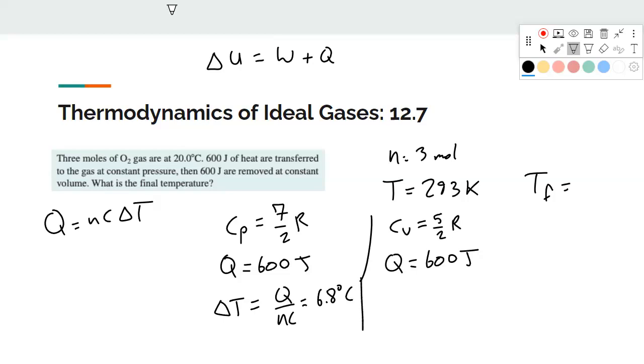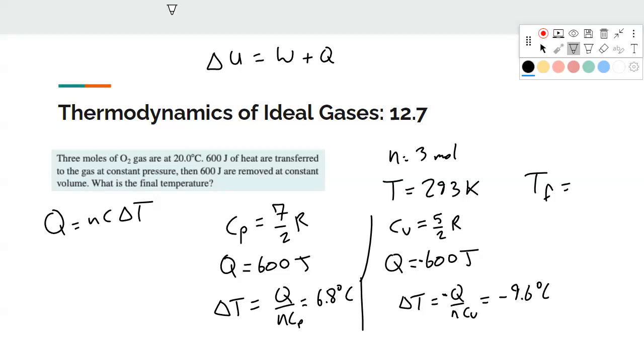And then we can do a very similar thing with this constant volume heat capacity. So this was with CP, this was with CV. And when I plug that in, I get negative 9.6 degrees Celsius, right? This is a heat taken out. 600 joules are removed in the second step.